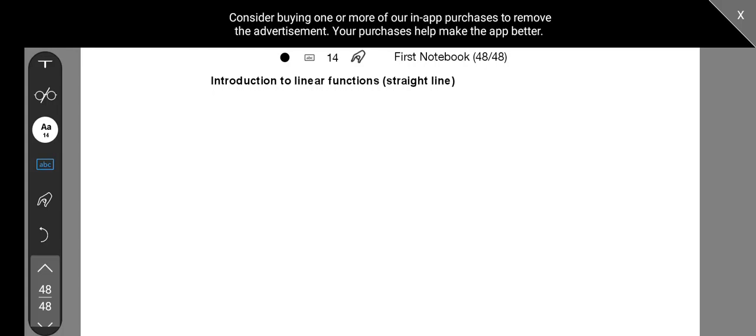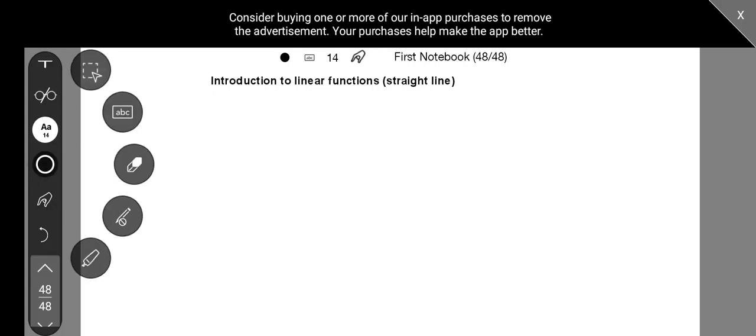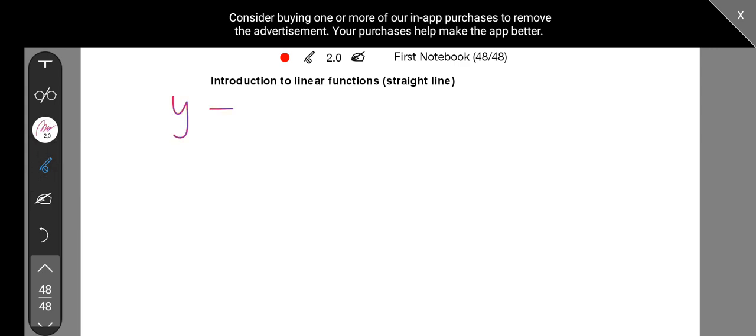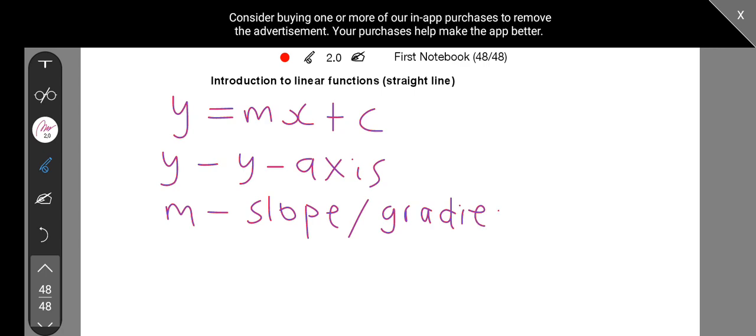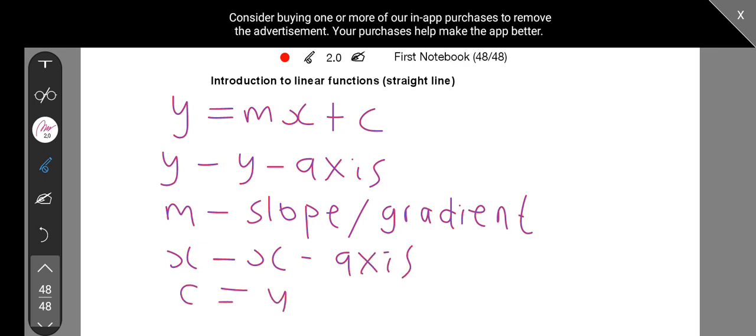The basic form of a linear function is given as y = mx + c, where y represents the y-axis, m represents the slope, also known as the gradient, x represents the x-axis, and c represents the y-intercept.